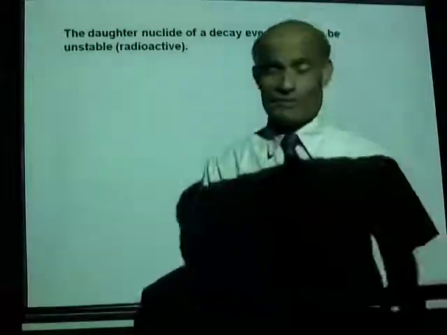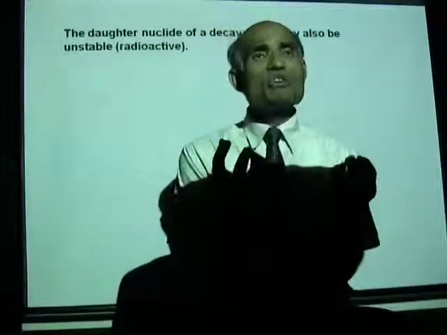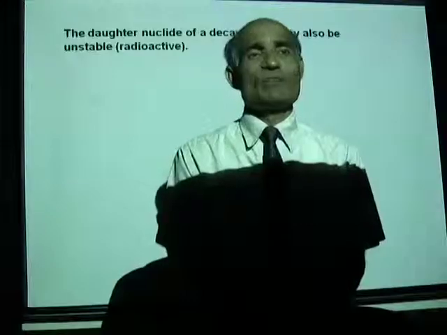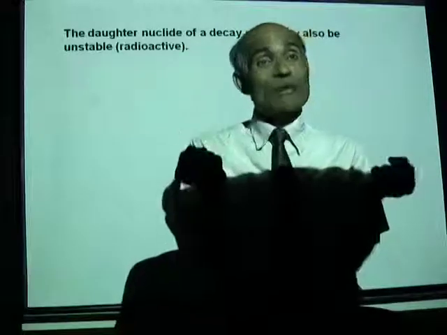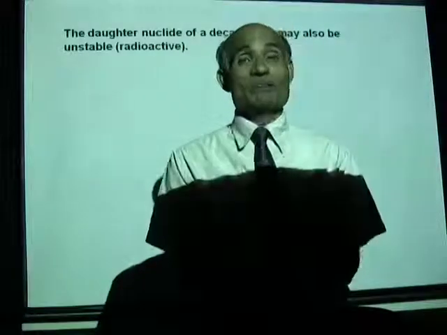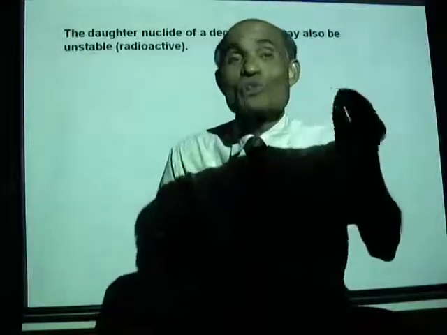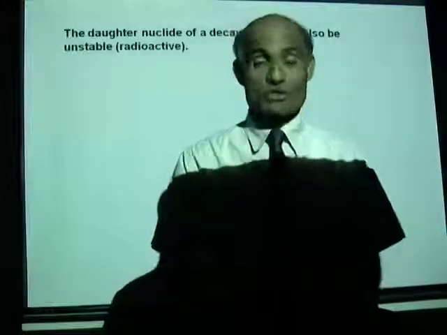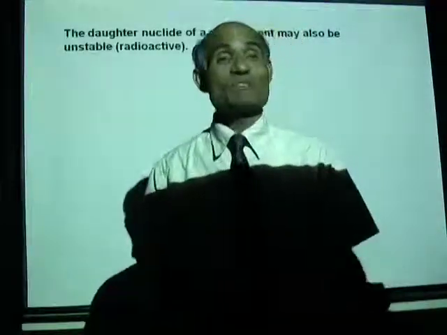Now, when a parent nucleus disintegrates and becomes the daughter, will the daughter be a stable element? Well, in most cases it will not be. That daughter element will also be radioactive. That means it will also follow the same rules of radioactivity.